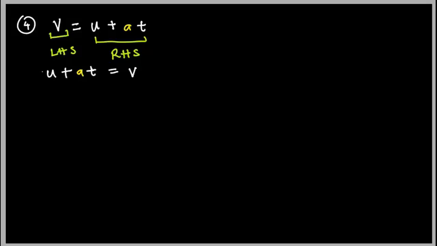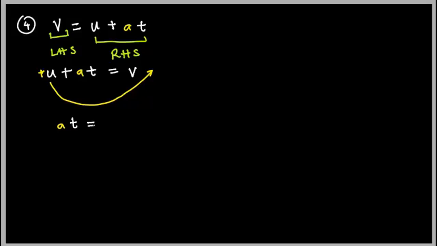Yes, and don't forget that u is having an invisible plus here. So when this u comes to the right, if I move plus u to the right hand side, I will have just at left there. I'll have a and t remaining on the left hand side.